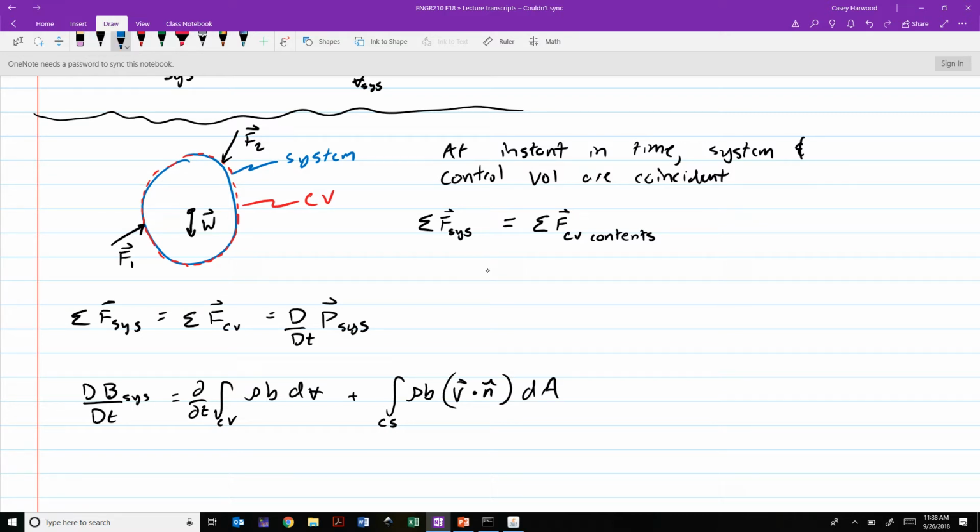Just as with the mass conservation, in order to write this in a form that involves our control volume and control surfaces, we need to pick variables to plug in for big B and little b.